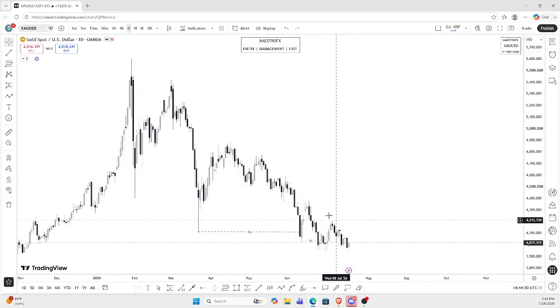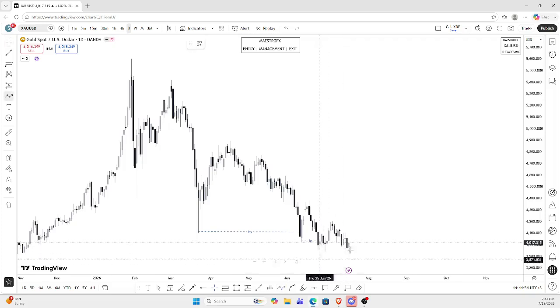So it's only fair for us to look to continue with this bearish trend.